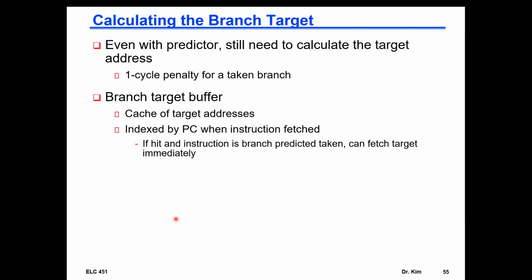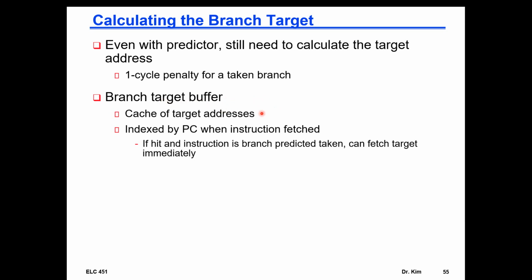So going back to what I introduced at the beginning, even with the predictor, you still need to calculate the target address. And that causes a cycle, even in the case of the simple pipeline that we are seeing for the ARM version that we're looking at. So again, one way to mitigate that is to only calculate the branch target once and keep around the recently used branch target addresses in a branch target buffer.